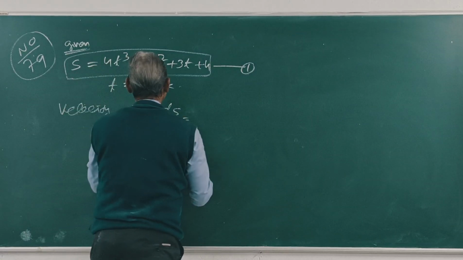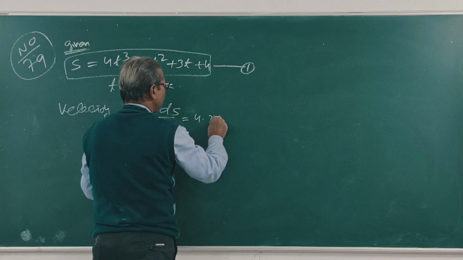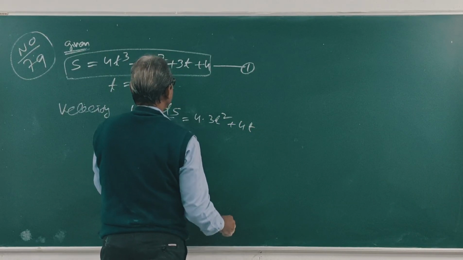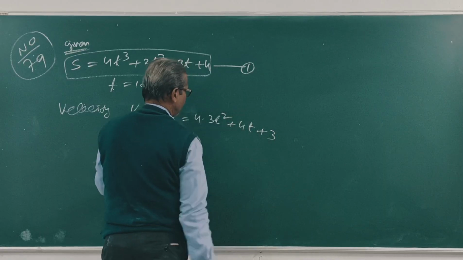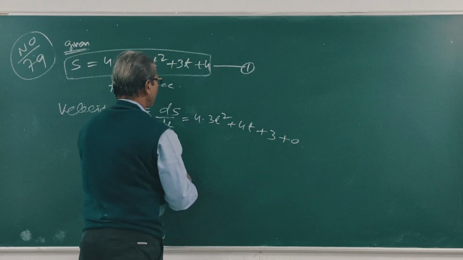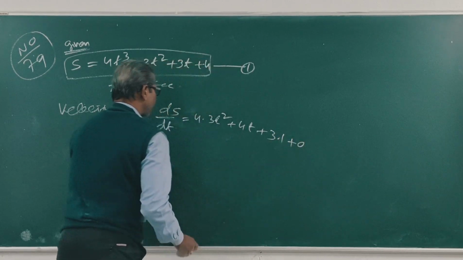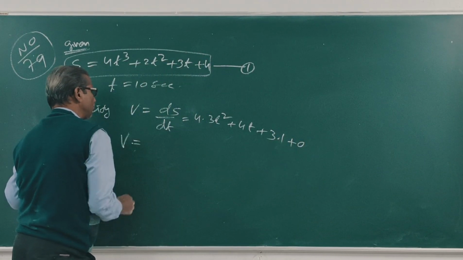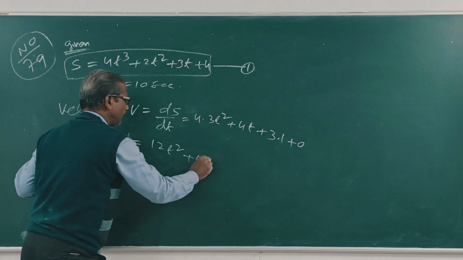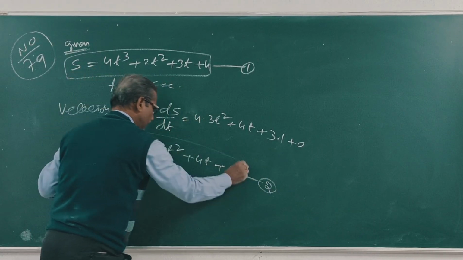This is equal to 4 into 3t² plus 2 into 2t plus 3 plus 0. So v = 12t² + 4t + 3, equation 2, which is the velocity.